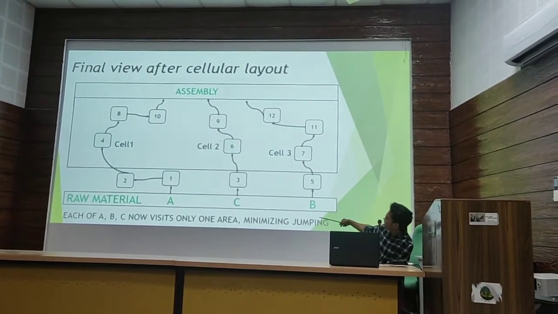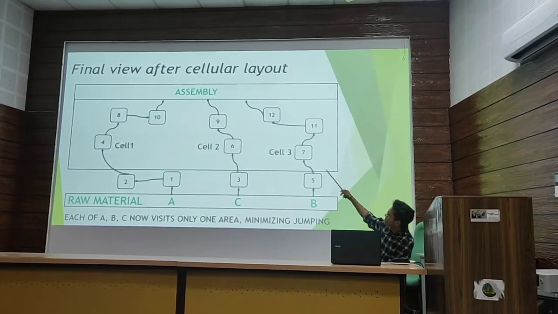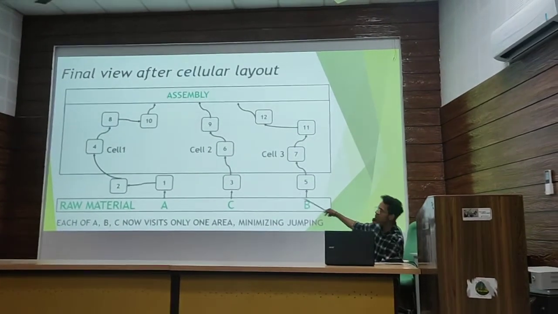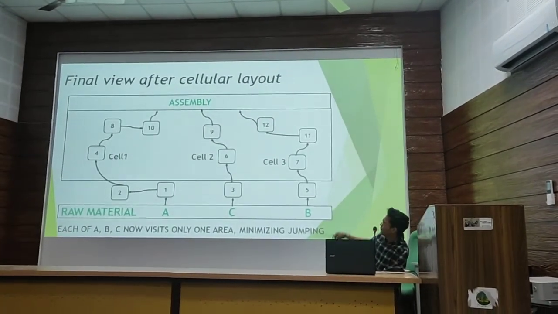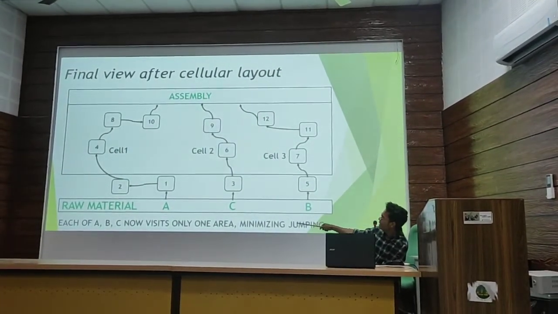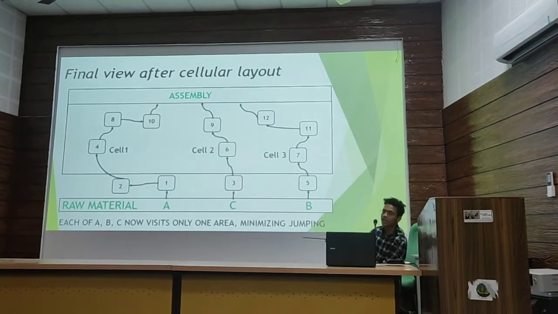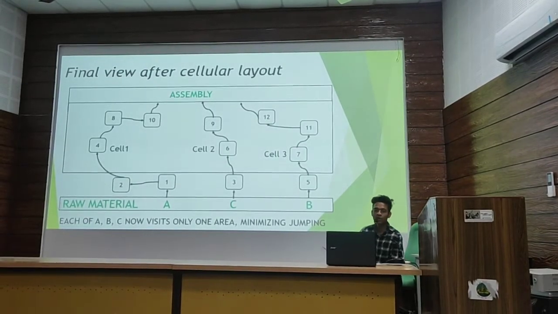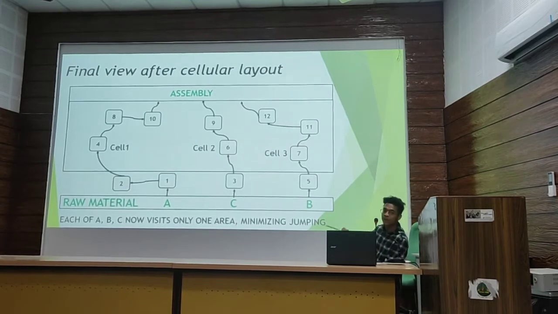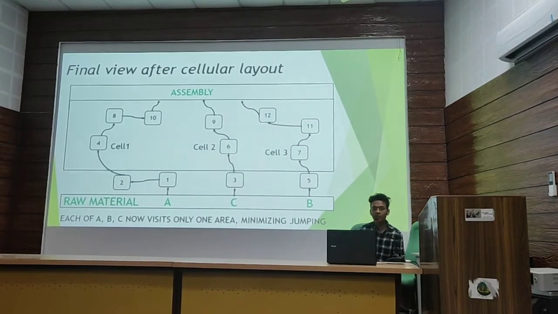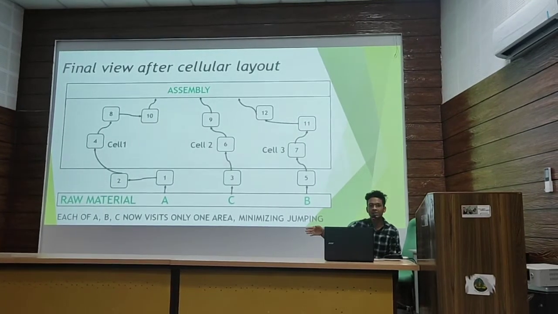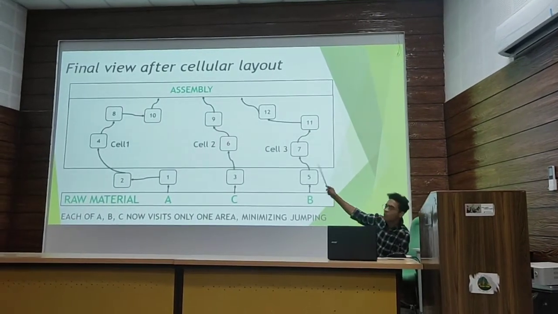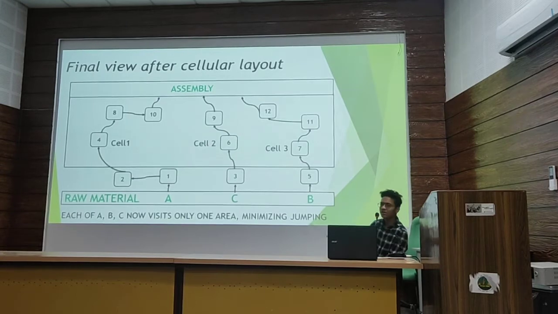The same goes for C. It goes through 3, 6, and 9, which is denoted by cell 2, and then B through 5, 7, 11, and 12, which are denoted by cell 3. Each of A, B, C now visits only one area. This is the main motive: minimizing jumping. Minimizing jumping means that in the first slide the part would go through different cells, but now it only goes to one cell.